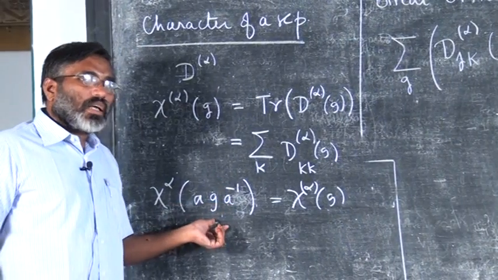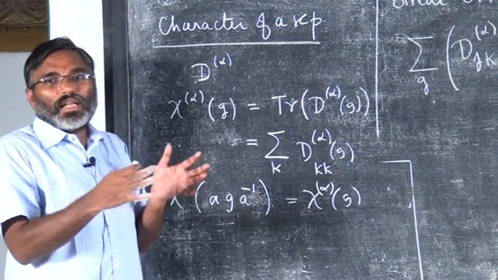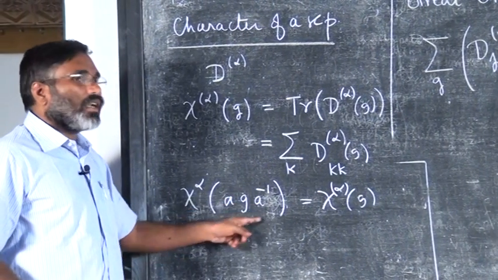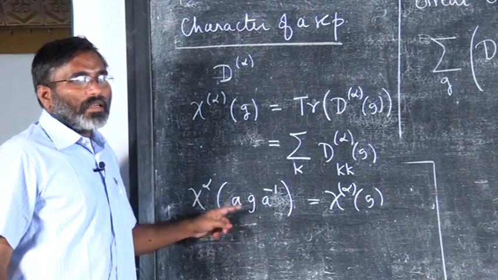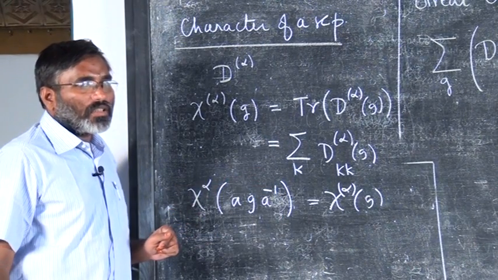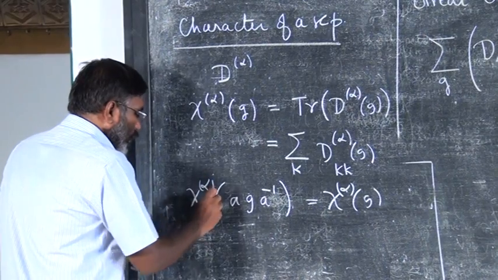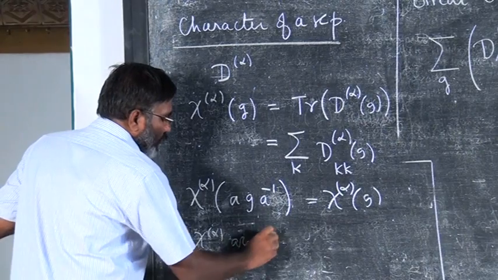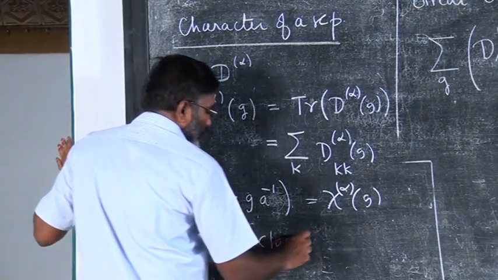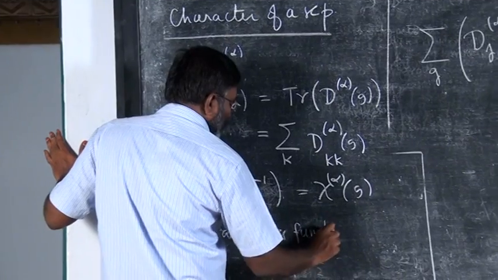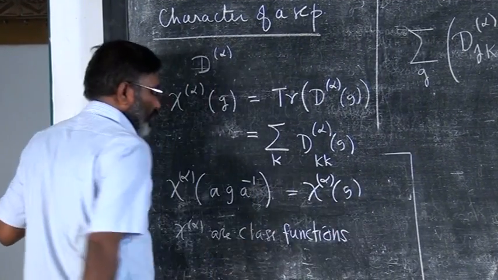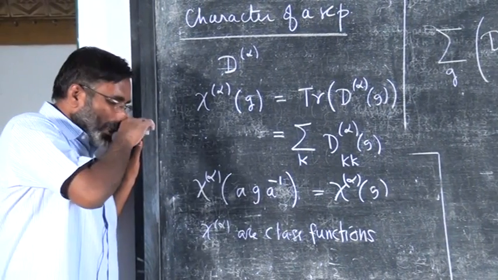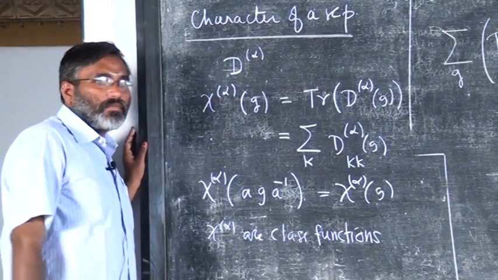All those elements which are in the same conjugacy class will have the same character, because elements in the conjugacy class are related by this conjugate operation, and trace is independent of this conjugate operation. So chi alpha are class functions. What does it mean? It means that they are the same for all elements in the class.